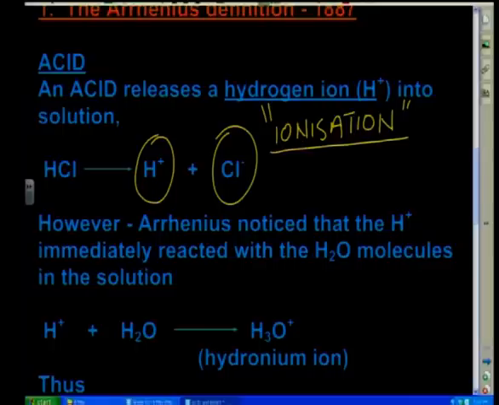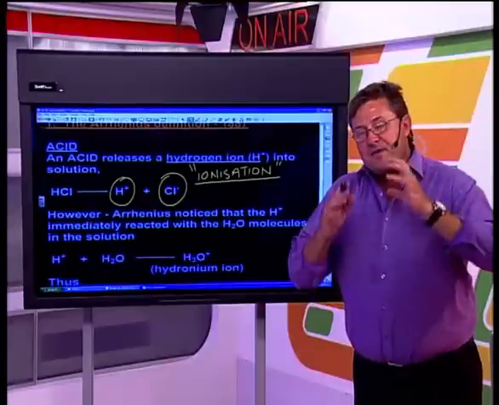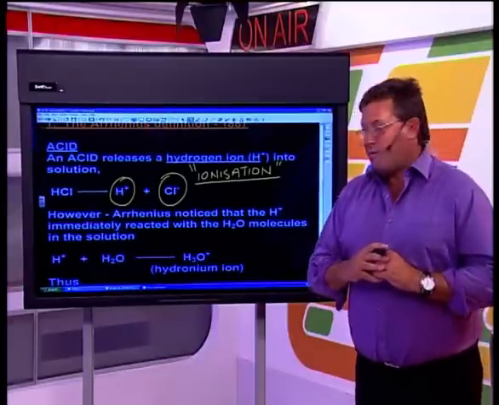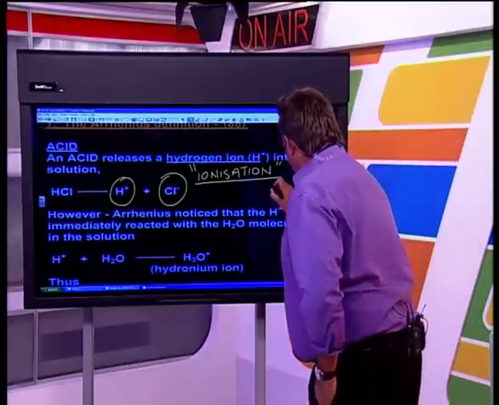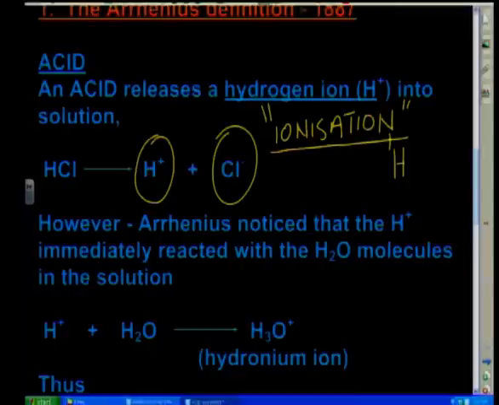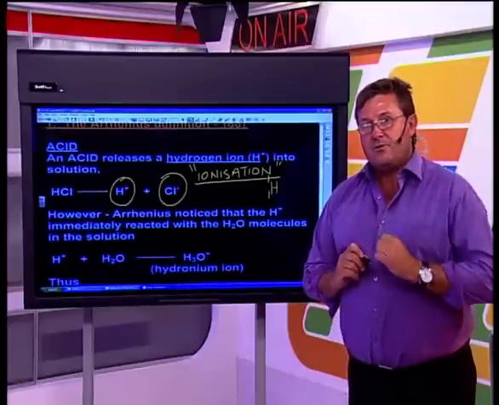Now, let's think quite carefully before we move on. What, in actual fact, is a hydrogen ion? Well, if we think about hydrogen and its position on the periodic table, and write down the AZ notation, it is H with mass number 1 and atomic number 1, which means it has one proton in the nucleus and one electron orbiting around that nucleus.